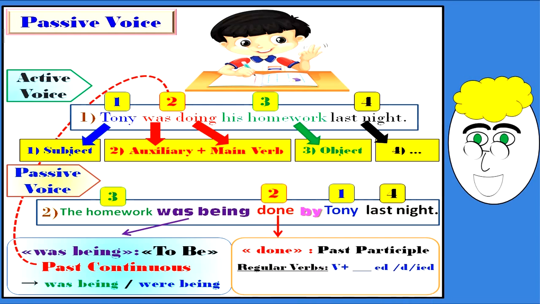If the verb is regular, we add simply ed, d, or ied, and we're going to see some examples when we talk about the rule. And for irregular verbs, there isn't a rule, but there is a list of verbs that we need to learn by heart, okay? Let's now move to the second example.